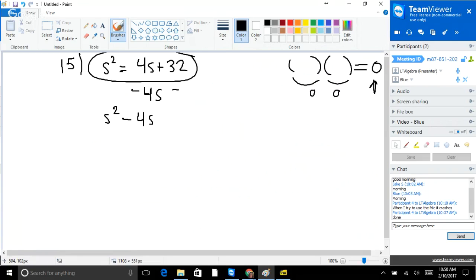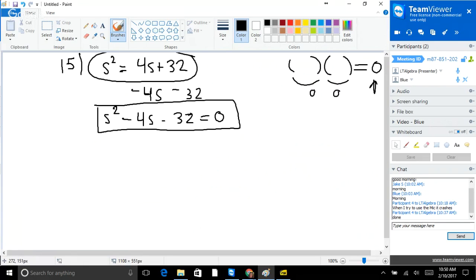And then if I subtract 32 from both sides, minus 32 equals 0. Okay, so they kind of wrote it a weird way, but if you just move everything to the other side, we can make this equation equal 0. All right, so that's the first part, is we want some equation to equal 0.